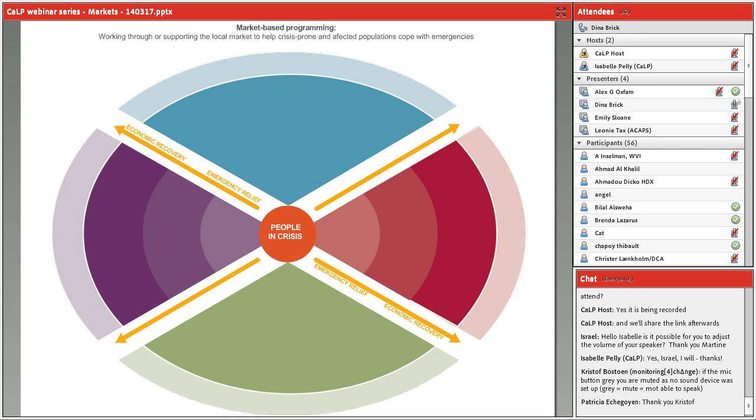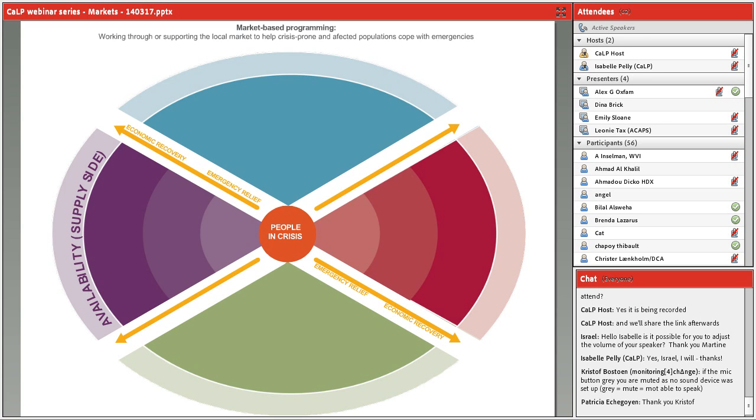You can see this continuum from emergency relief to economic recovery, although it's a circle because we should always be thinking about recovery and preparedness even from the beginning. But just to illustrate the kinds of activities that are more common in emergency relief rather than the kinds that are more common in economic recovery activities.